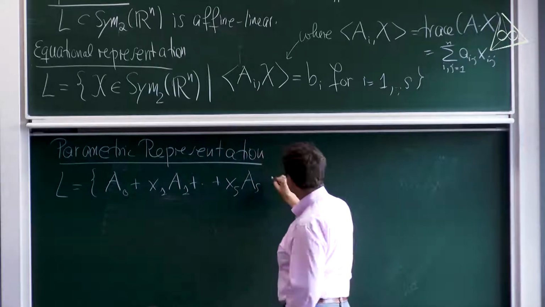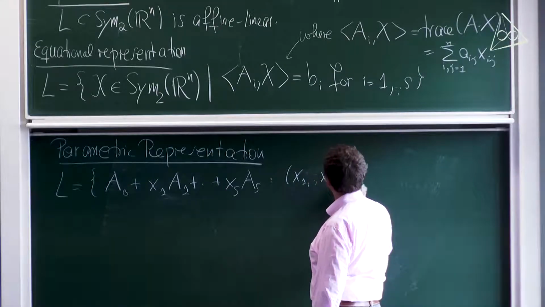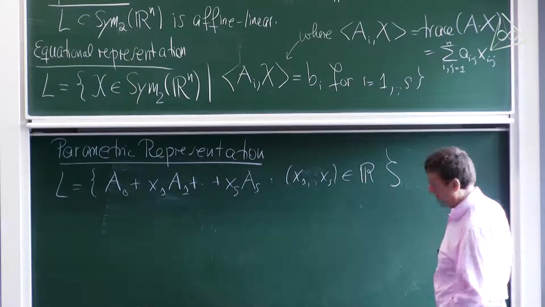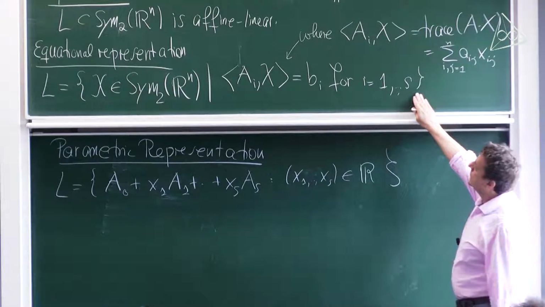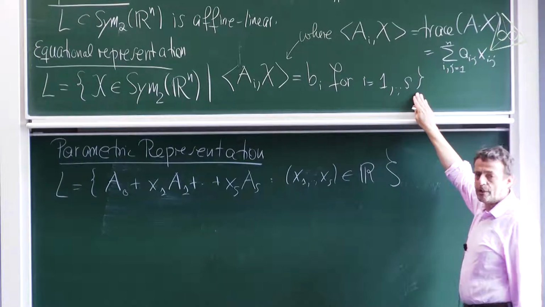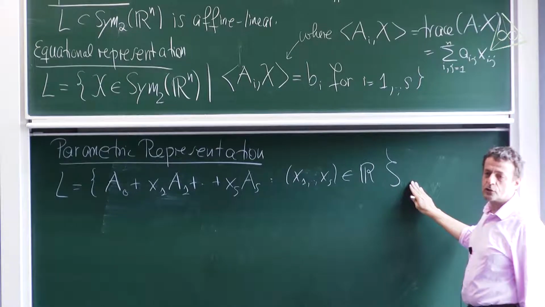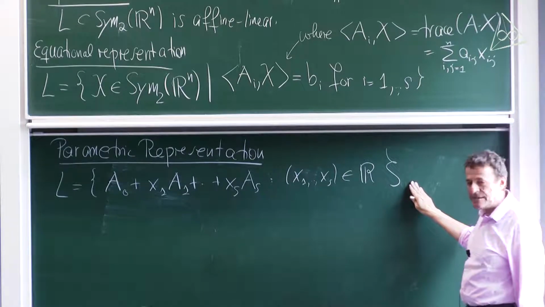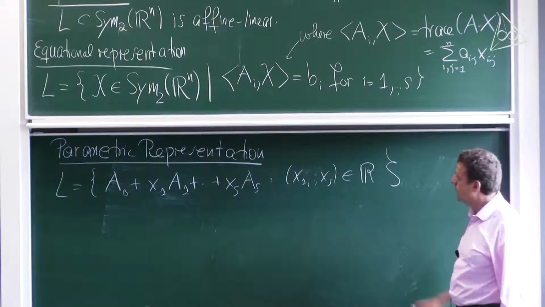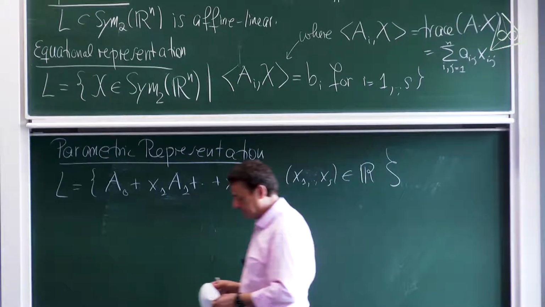These are symmetric matrices, and the multipliers are just real numbers. So I have an equational representation of a linear space of codimension s. Here I have a parametric representation of a linear space of dimension s, assuming these matrices are linearly independent. This has dimension s, this has codimension s.